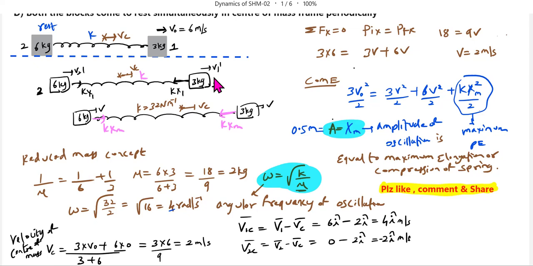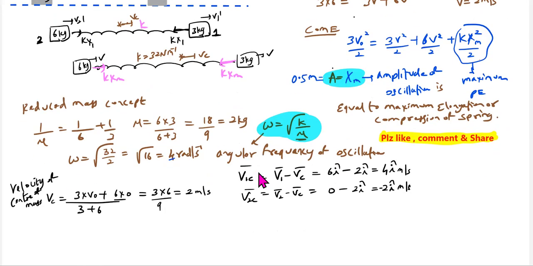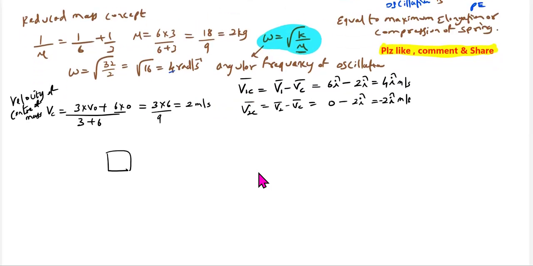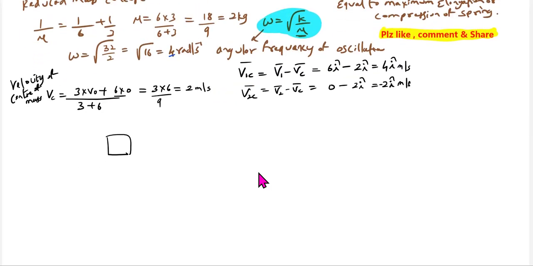In the C frame, how will the blocks be moving? The blocks will be moving opposite to each other. The 3 kg block moves with 4 meter per second and the 6 kg block with 2 meter per second, with respect to center of mass.